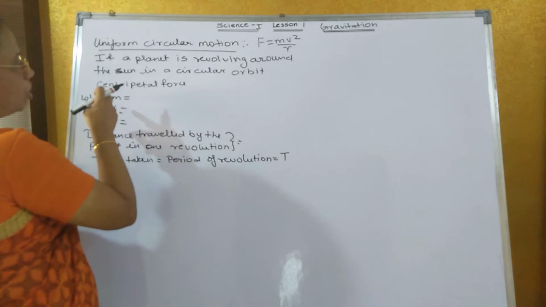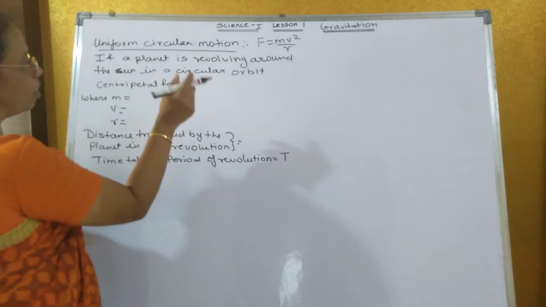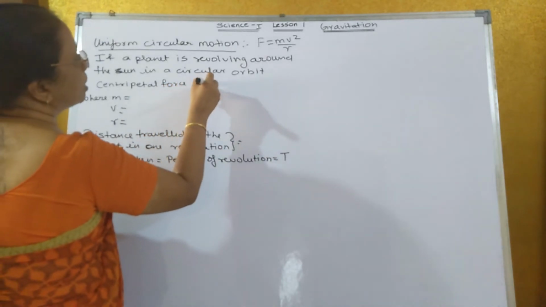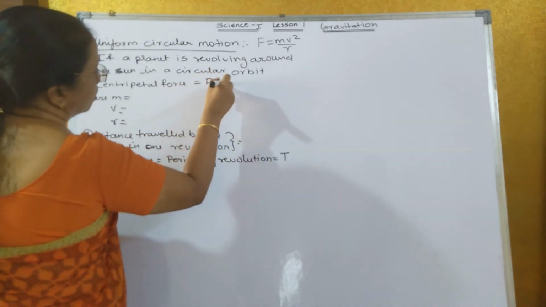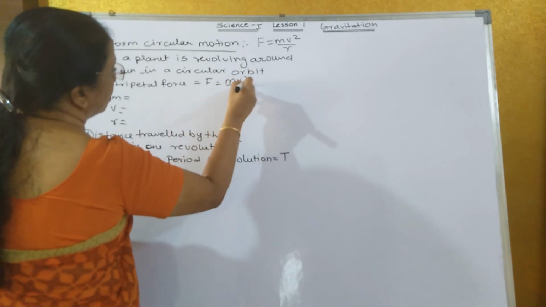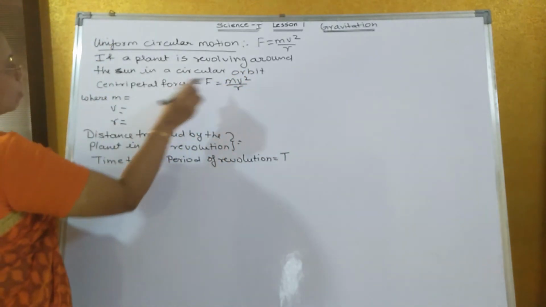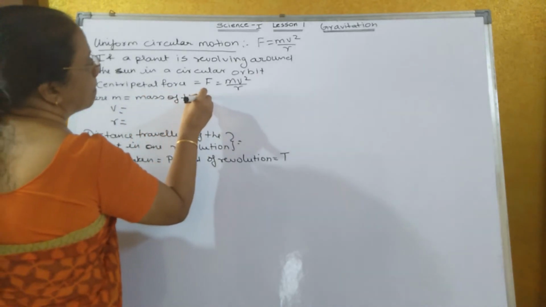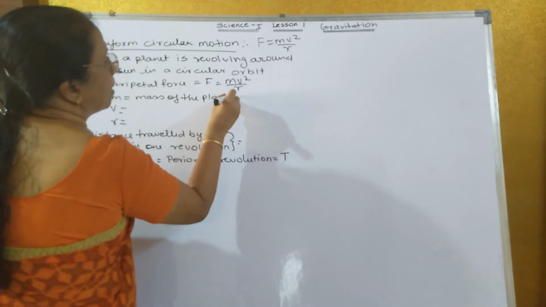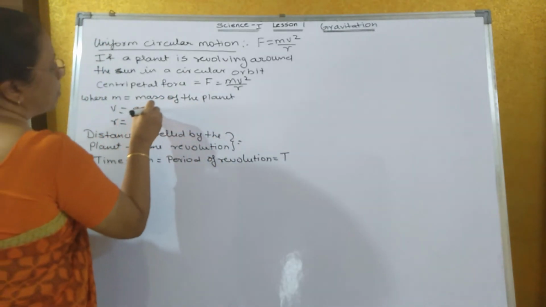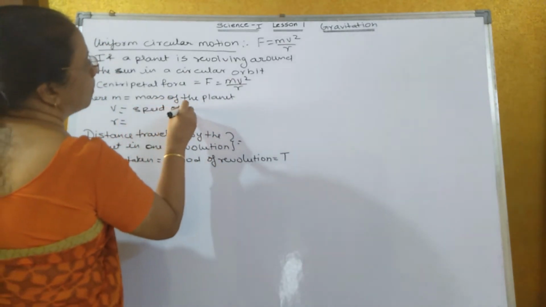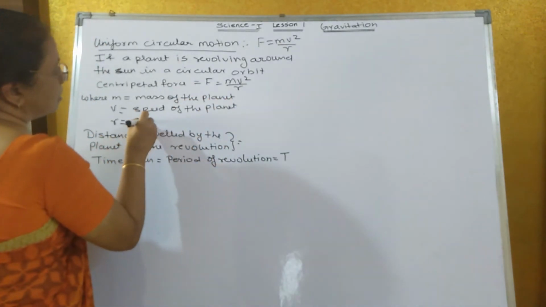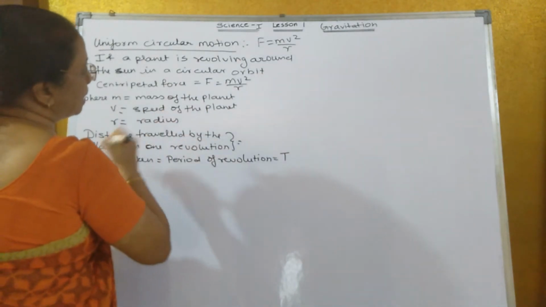Similarly, if a planet is revolving around the sun in a circular orbit, then centripetal force F is equal to mv square upon r, where m is the mass of the planet, v is the speed of the planet, and r is the radius or the distance between the planet and the sun.